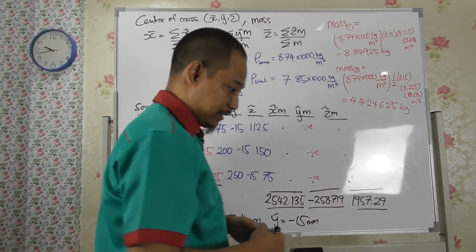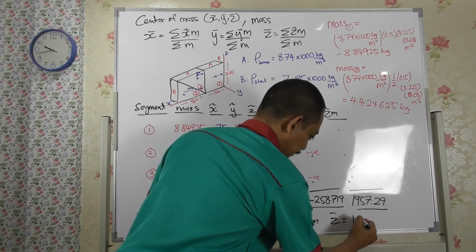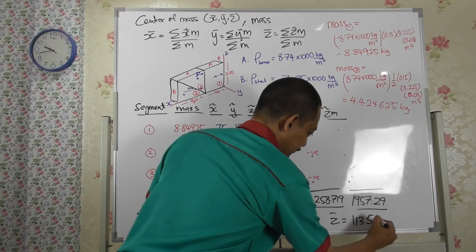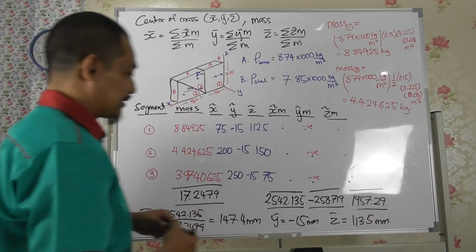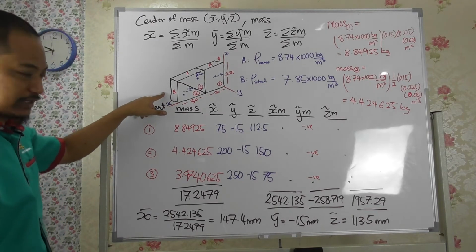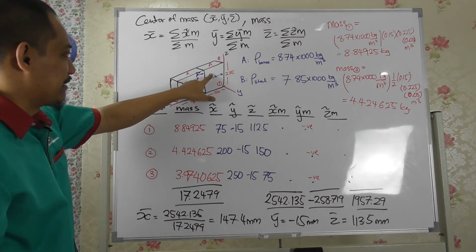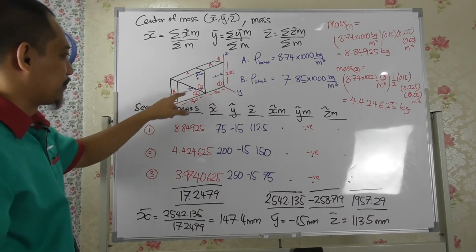So minus 15 there, and then z bar, if you calculate, is 113.5 millimeter. So 113.5 is just above the middle, because the middle is 112.5. Is it logical? If you take a look, the material is heavier on the brass side compared to the steel.